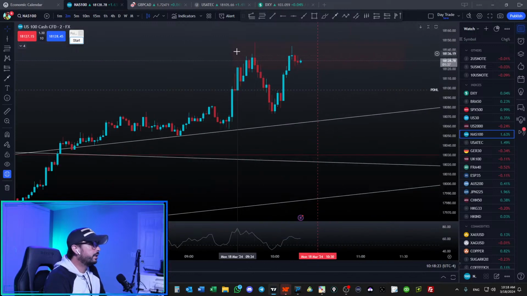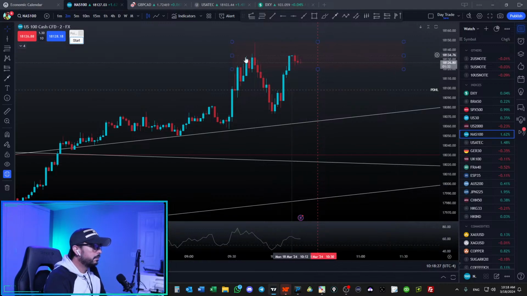Watching the NAS here, could it be doing a double top?